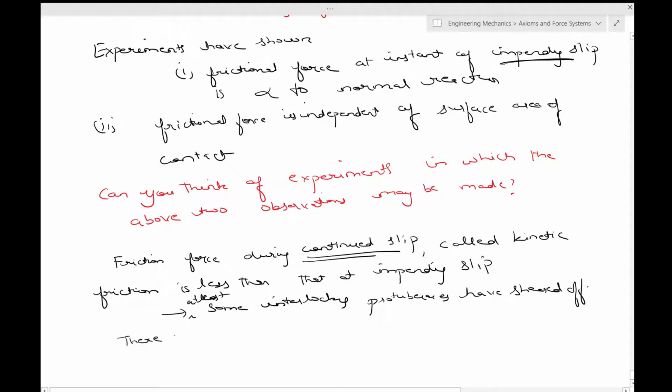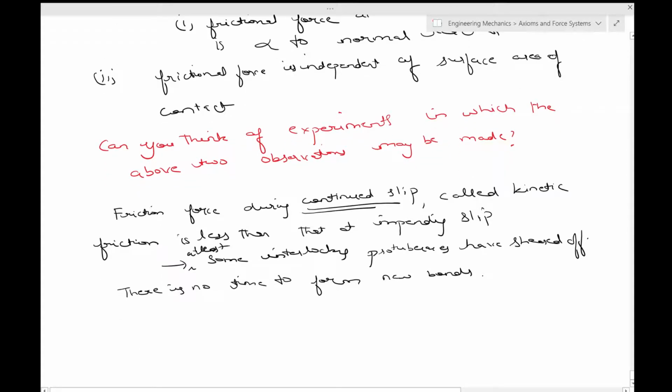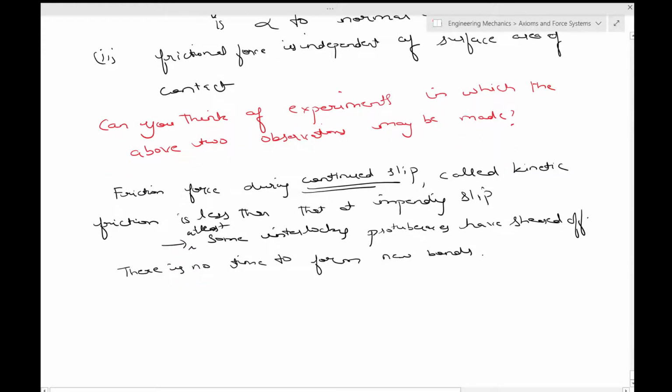There is no time to form new bonds. So friction force is normally independent of the speed with which these two contact points are sliding with respect to each other.